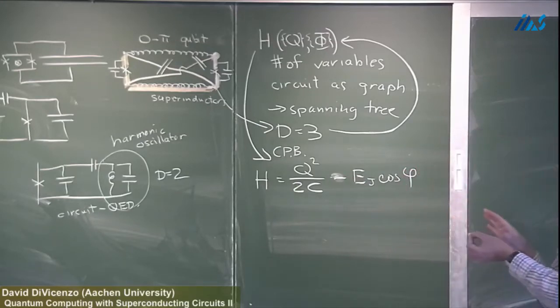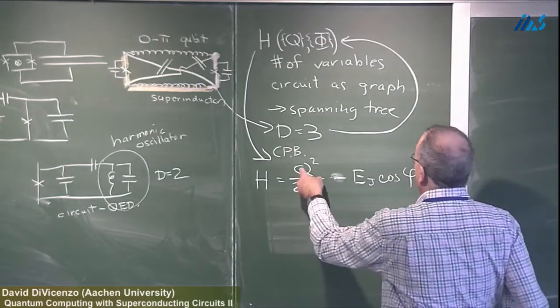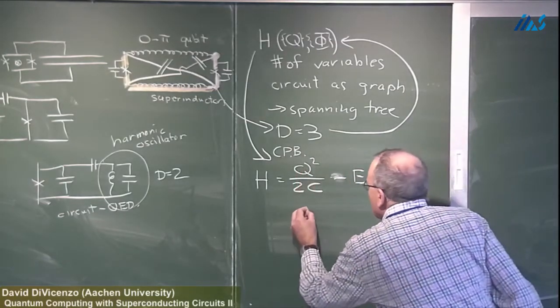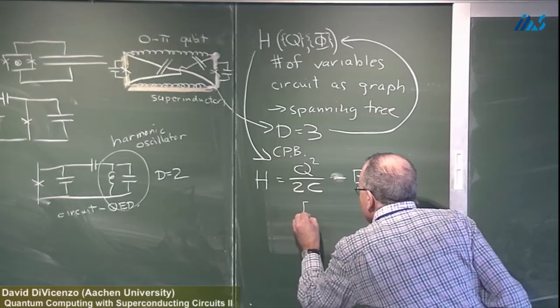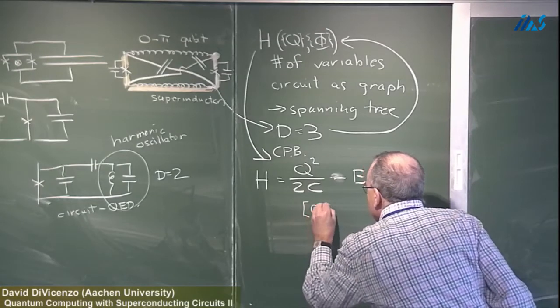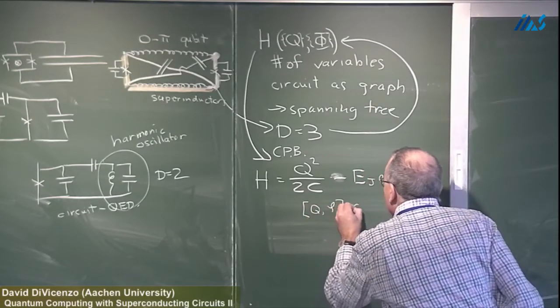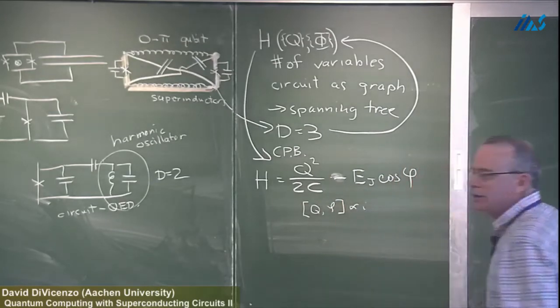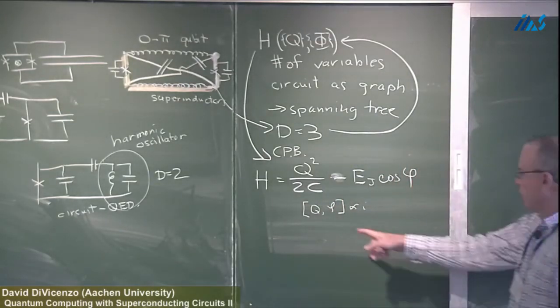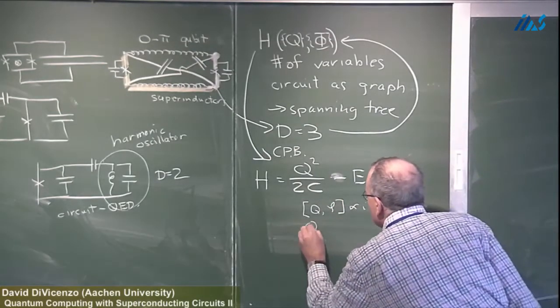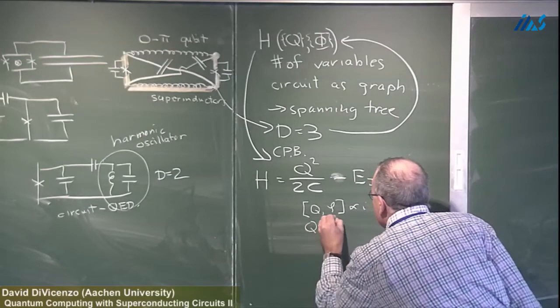This is still just the classical Hamilton function, but we will now elevate Q and phi to operator status, and they'll have the usual commutator proportional to i. So in other words, Q is proportional to d/d phi.